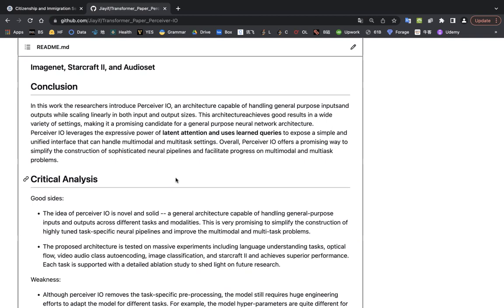Perceiver IO leverages the expressive power of latent attention and uses learned queries to expose a simple and unified interface that can handle multimodal and multitask settings. Overall, Perceiver IO offers a promising way to simplify the construction of sophisticated neural pipelines and facilitate progress on multimodal and multitask problems.